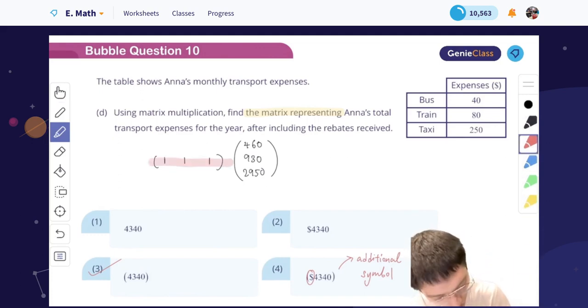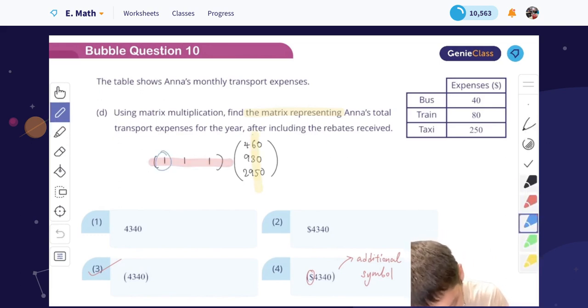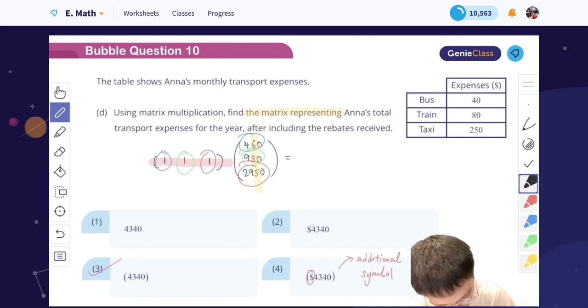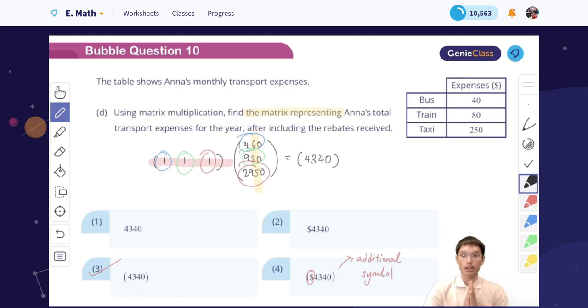This row multiplied by this column is 1 multiplied by 460, 1 multiplied by 930, and 1 multiplied by 2950. Multiply all this. It's the same notion as how you multiply normally. Just that if they want matrix multiplication, this is how you do it, and you will get the answer 4340. That's the notion. If you're still unsure, there's a Q&A, I'll explain it more. Otherwise, refer to the recording for work example 3.